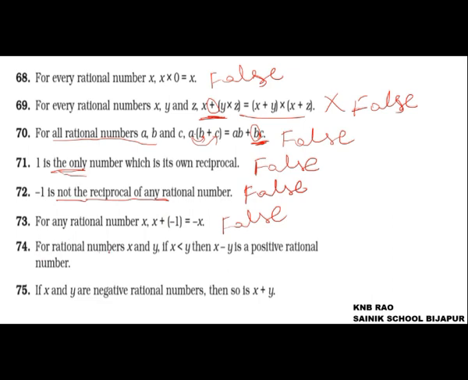74, for rational numbers x and y, if x is less than y, that means y is the bigger number, then x minus y is a positive rational number.